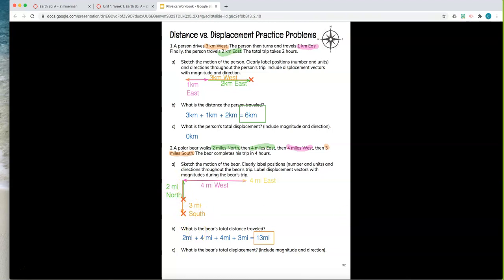And then the direction that we ended up in based on our starting point is going to be the direction that we label it with. So in this case, it's going to be 1 mile south. And that is going to be the answer for the total displacement. Go ahead and pause this if you need to get all of these answers down.